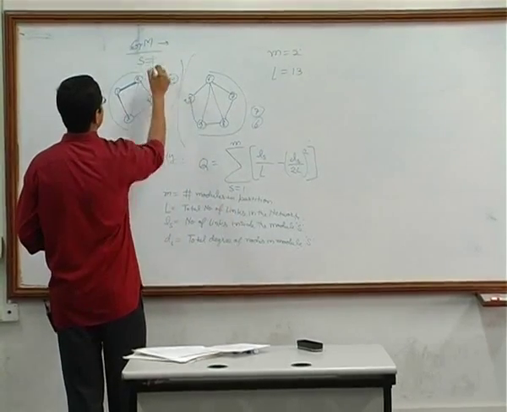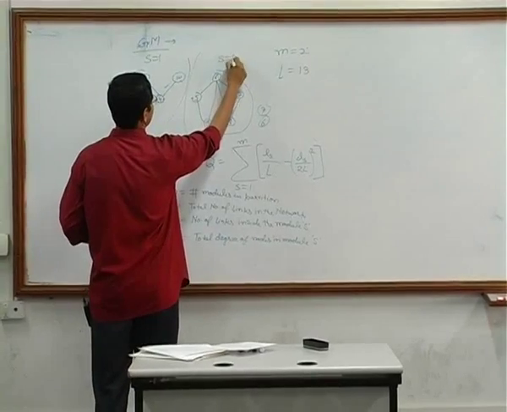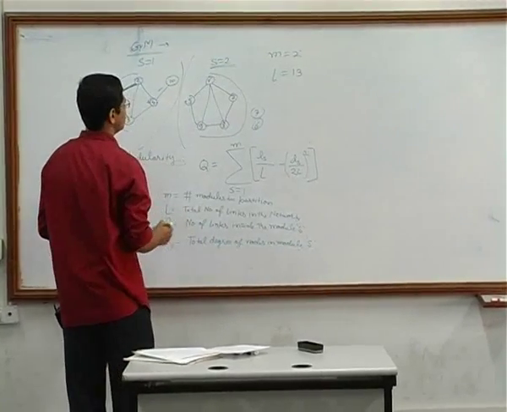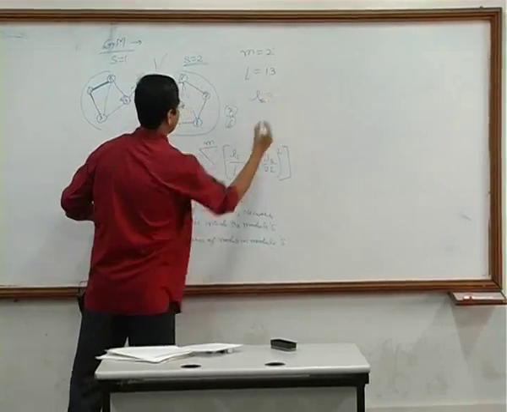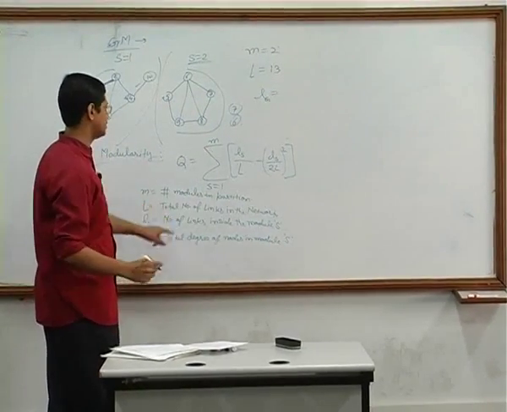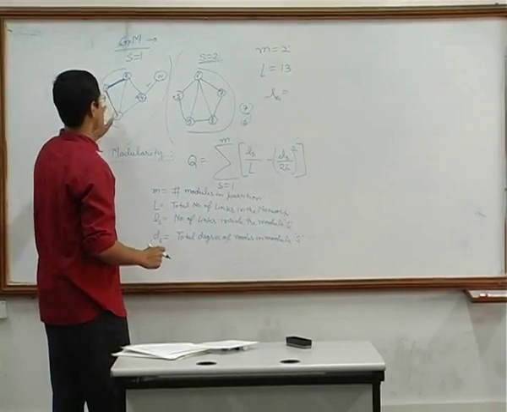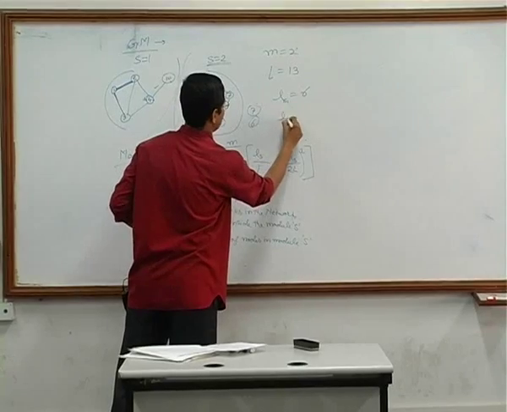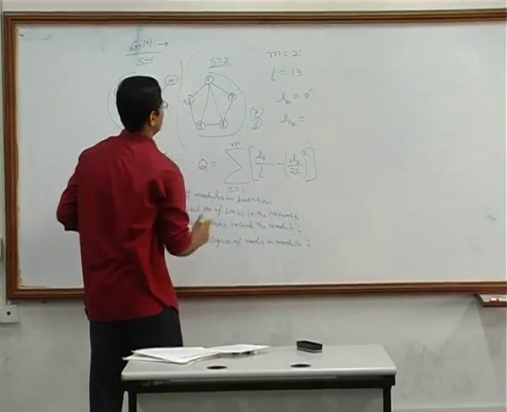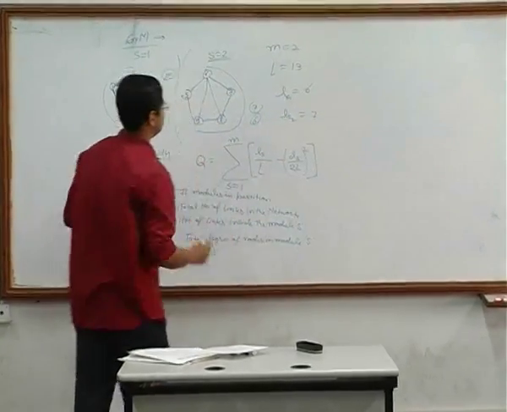Now for this portion S is equal to 1, and for this portion we take S is equal to 2. So LS1 will be the number of links inside the module S, it will be 6, and LS2 is 7.